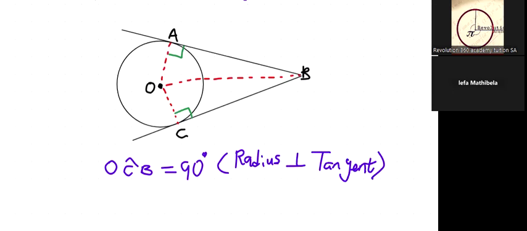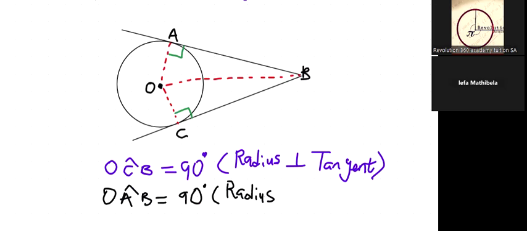Then another thing that you'll basically do, you'll say angle OAB is also equal to 90 degrees. What's going to be the reason? Radius perpendicular to the tangent.